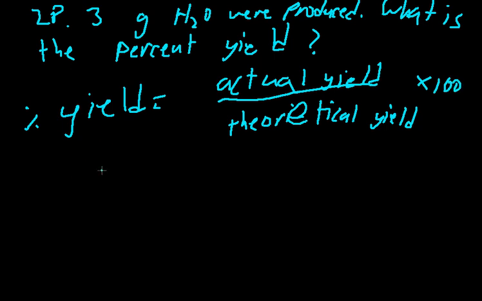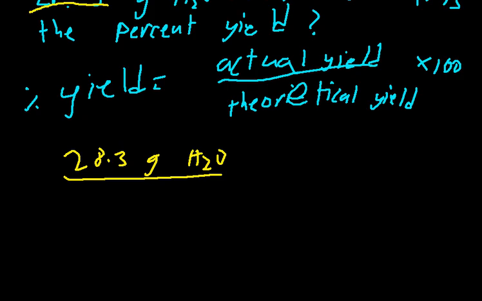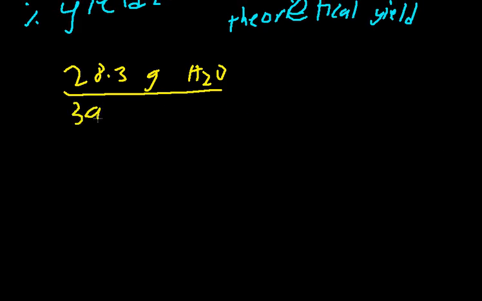So if we look at the actual yield, the amount that we actually got was 28.3 grams of water. So we take 28.3 grams of water, and we divide that by how much we expected we were going to get, which is 39.4 grams of water, and we're going to multiply that by 100.